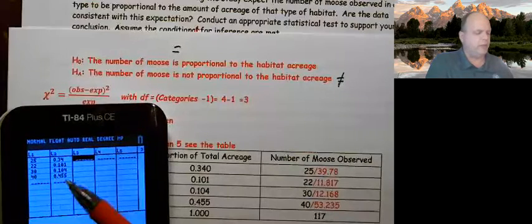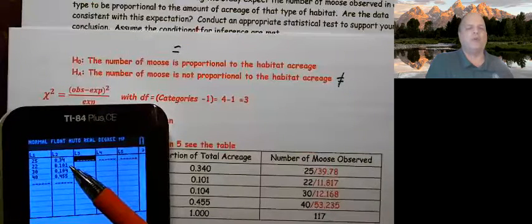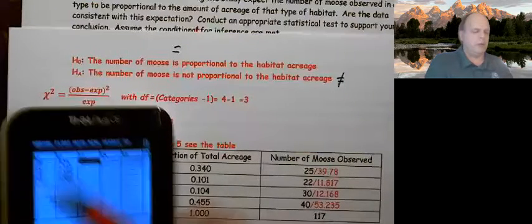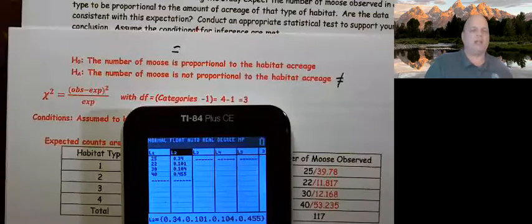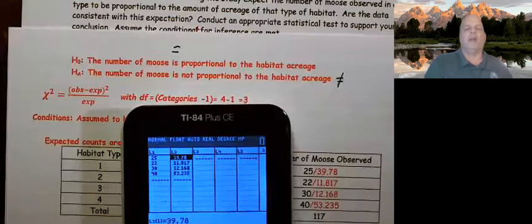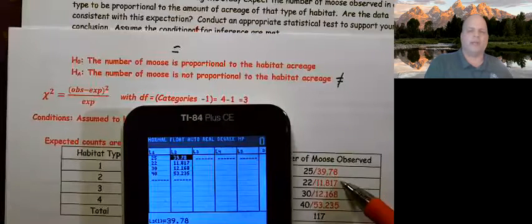That summed up to 117. And there are the proportions. Keep in mind, the proportion is not my expected value. So I'm going to go 2nd, L2 times 117, the total number observed. And there, now I have my expected values. I just write them off to the side just like that. And the graders will be very happy with that.